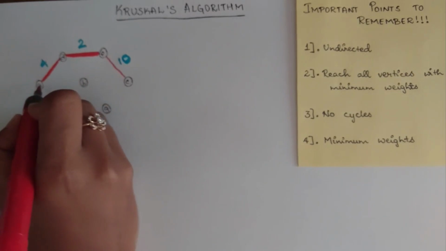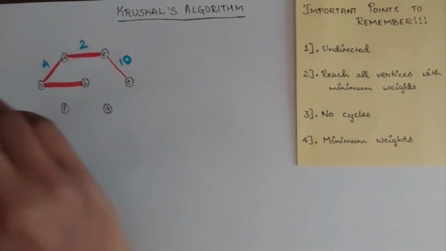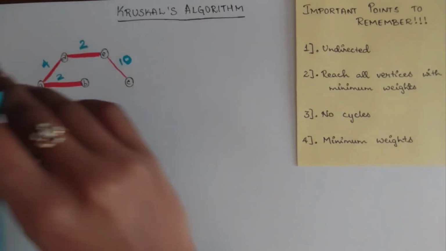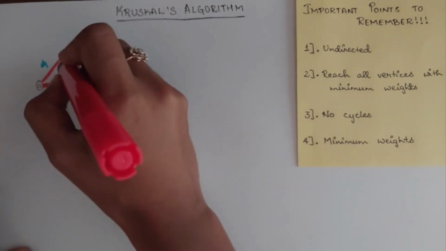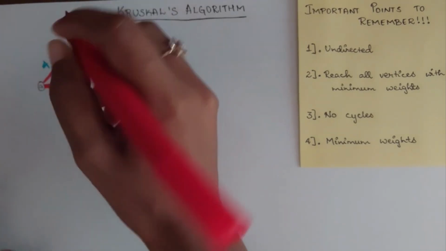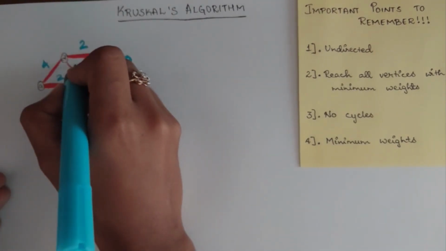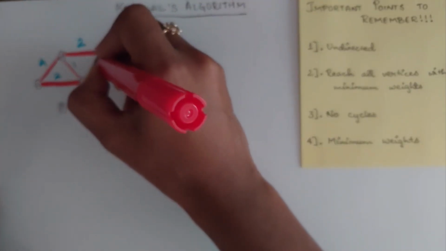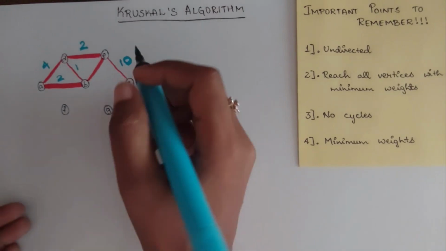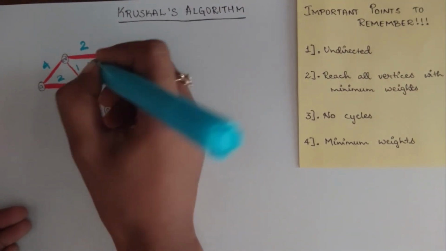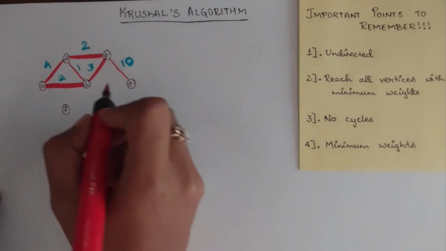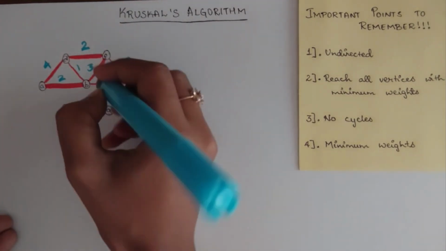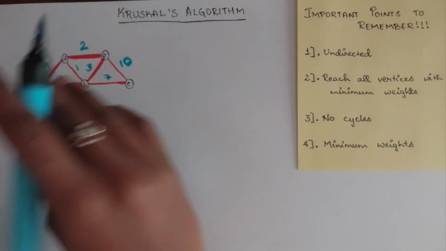The edge between A and B has a weight 2. The edge between D and B has 1. B and E has 3. B and C has 7.